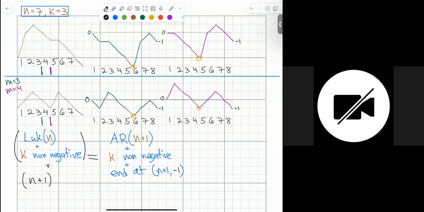And this is in bijection with the almost rising paths of length n plus 1 with k non-negative steps, which end at n plus 1 and -1, with no restriction of going below the x-axis. And as before, these are going to be pretty straightforward to count. So let's count them.